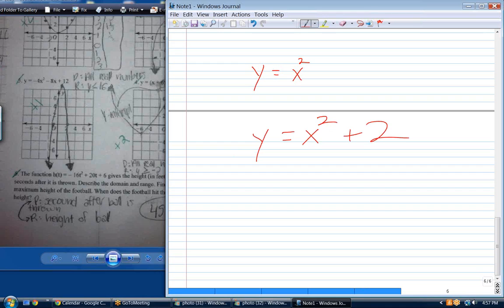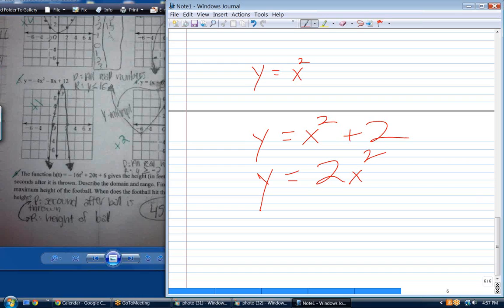It vertically shifts up 2. Very good. Now tell me what this does. It vertically gets skinnier. Vertical stretch by a factor of 2. And yes, that does equate to getting skinnier, but it's a vertical stretch.